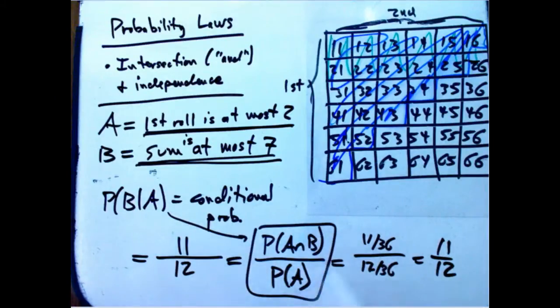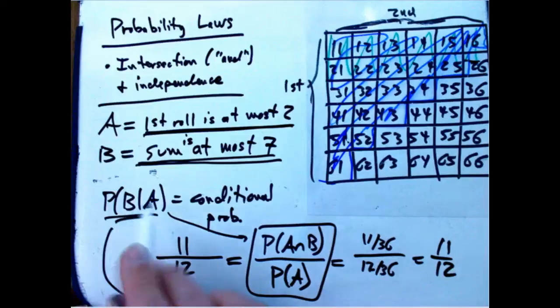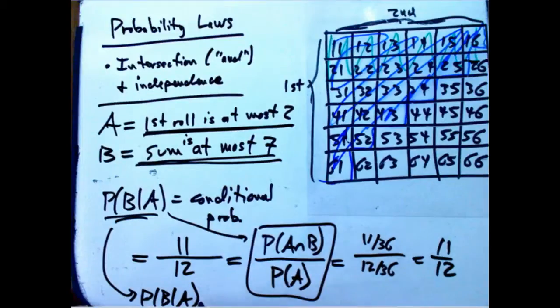But that is a little misleading because it suggests you have to know these two and always calculate this way. A lot of the times you actually know this first and it helps you calculate, say, the probability of both things being true. In this case, at the very least, we can say that the probability of B given A, if you tell me that I just rolled a first roll of 2, is greater than just the probability of B if I didn't know that A was true.